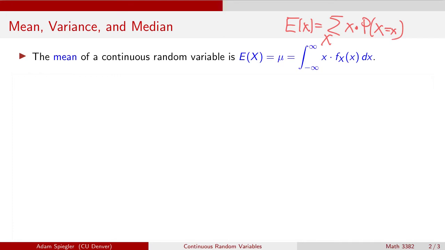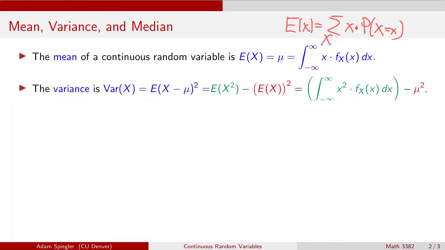But what we're going to integrate is the value of x times the value of the PDF at that value of x. So in some sense, again, we're calculating x times the probability of how likely x is, and then we're adding up all of these contributions. So it's the same formula, just now we're going to integrate instead of sum up values.